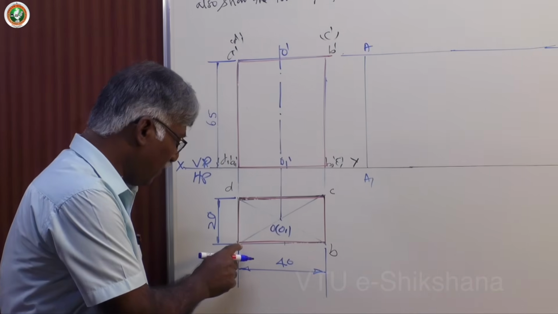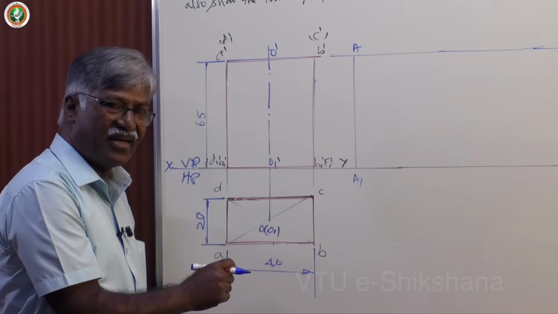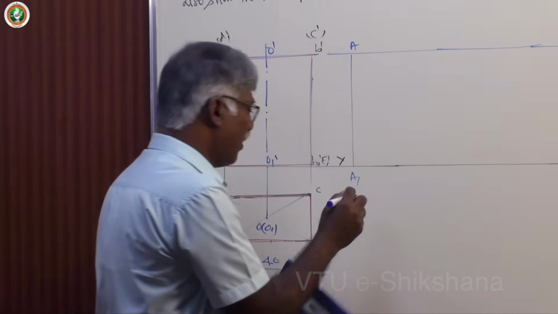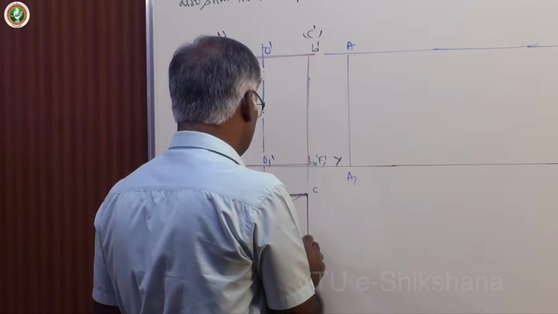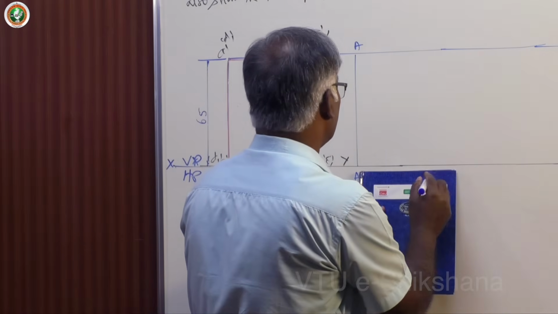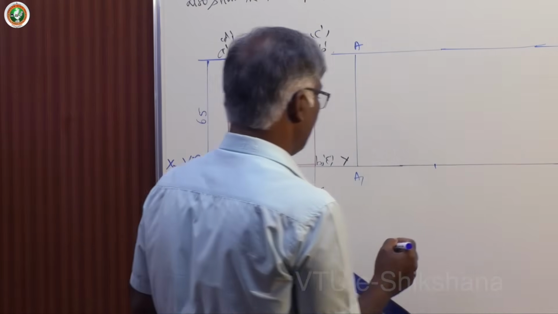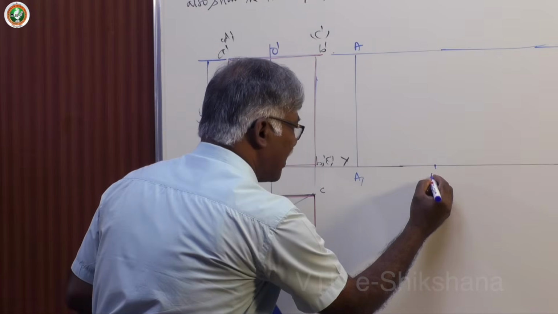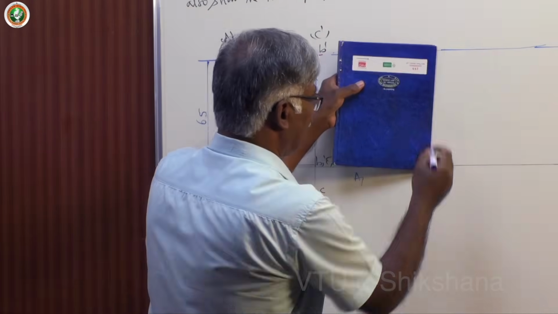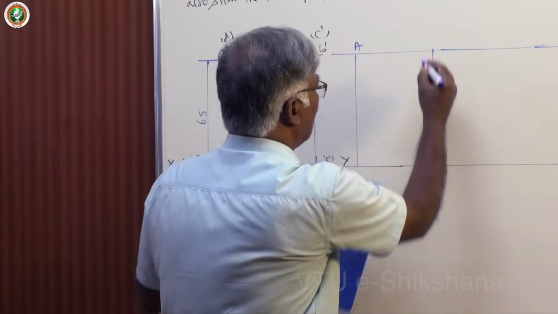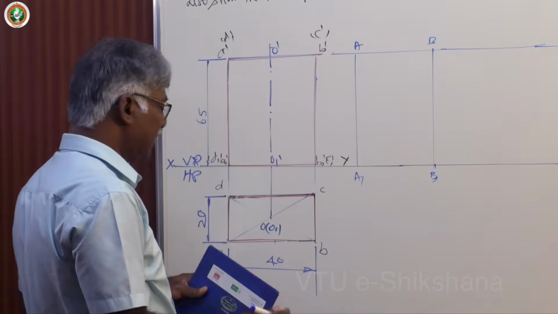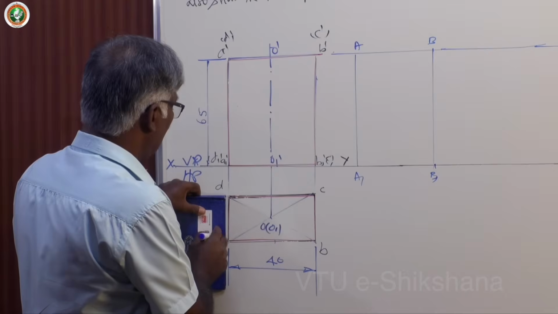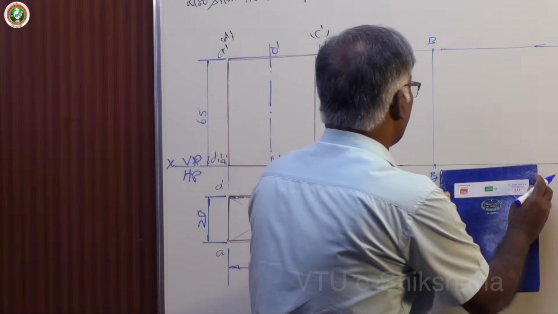Then take here from A to B, the longer side is there. Take the longer side 40 mm and 40 mm. Name this as B1. Then height. Draw a thin line. B1. Next comes the smaller side. Okay, smaller side you take.